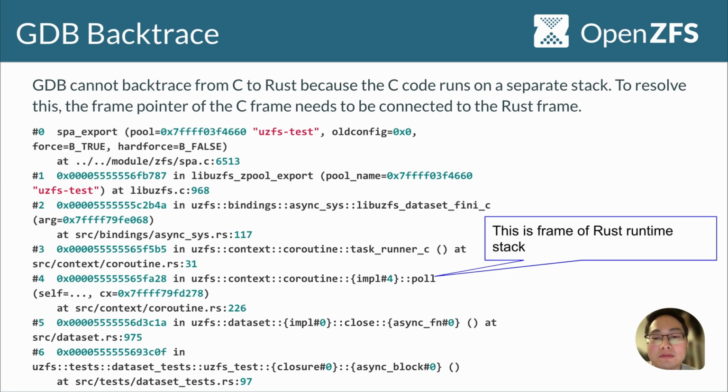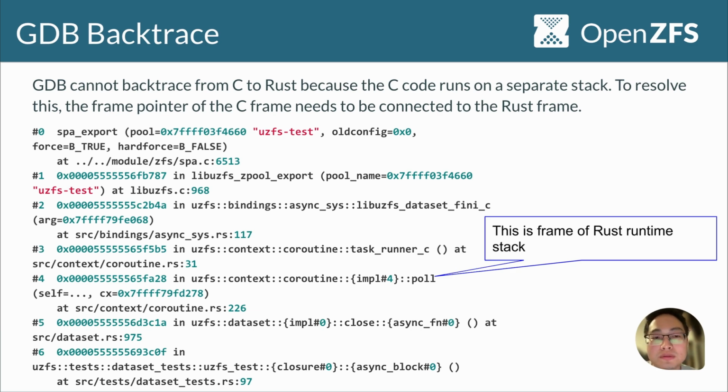Since we have separate stacks, the Rust stack and the C stack, if we do nothing, GDB cannot backtrace from the C function to the Rust function. To resolve this, we need to set the frame pointer in the C frame to connect to the Rust frame.